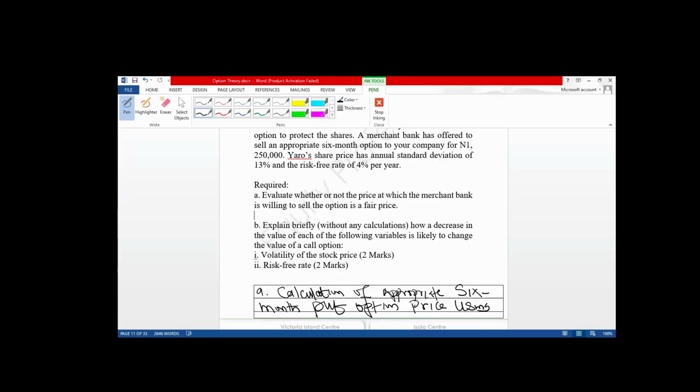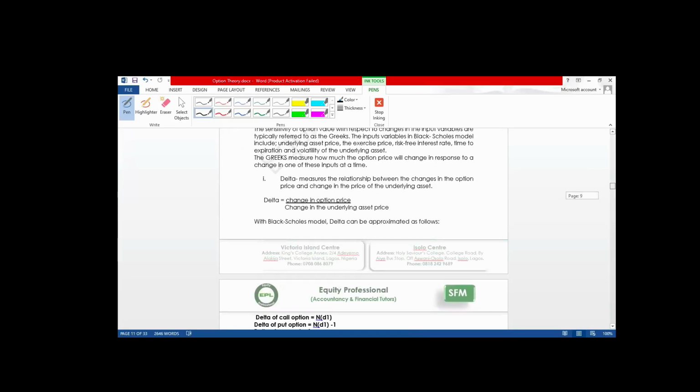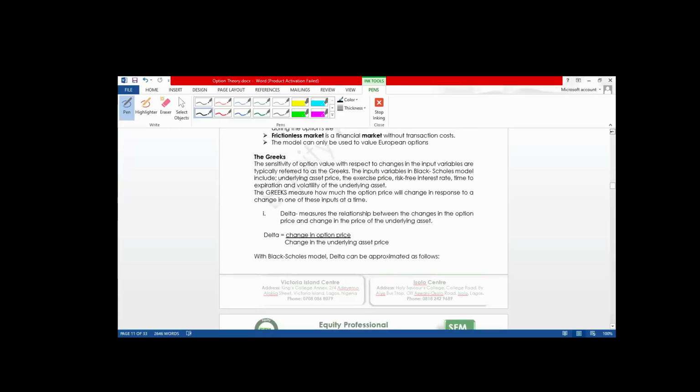If you paid attention to last class and you try to watch the video, we explained the Greeks. Look at this. The Greeks measure the sensitivity of option value with respect to changes in the input variables.